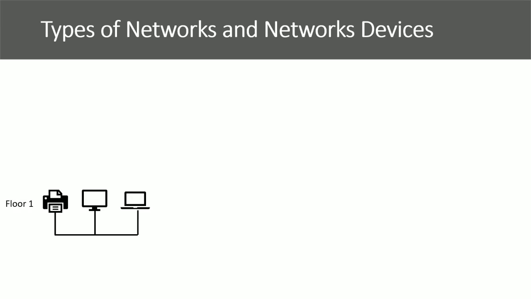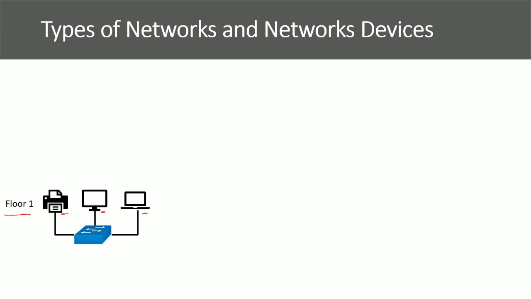Let's start with a small network that consists of two PCs or two devices and a printer. This small network is used to connect these devices to this printer to provide printing service. This is a very simple service, and let's assume this is in one building, on one floor, which is floor 1.